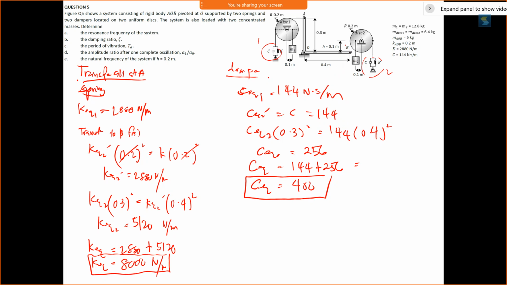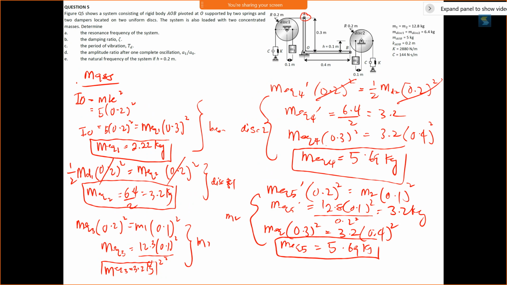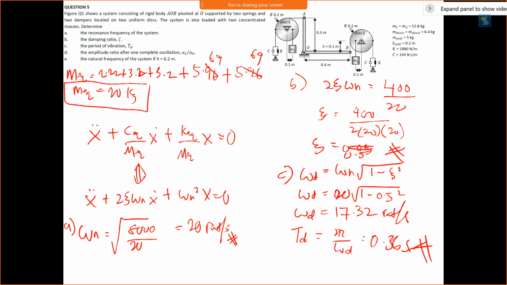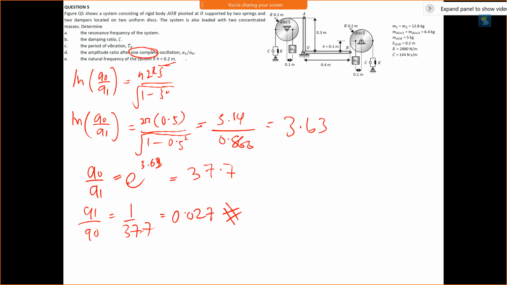So natural frequency of the system, if H equals to 0.2 meter, doesn't change, must be the same as what we calculated on A. Okay, any question nak tanya? Ada soalan? Tak ada?